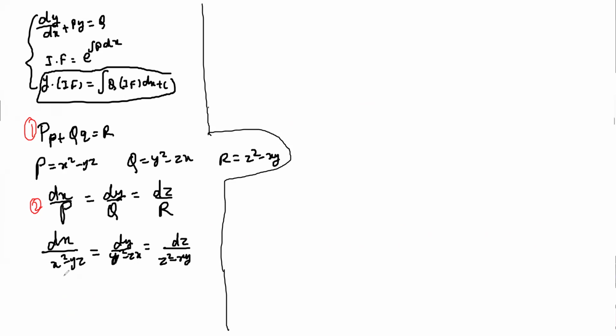In each term, you can see x, y, z, x, y, z, x, y, z is there, right? So you cannot solve this by integrating one by one, right? So what do you do?